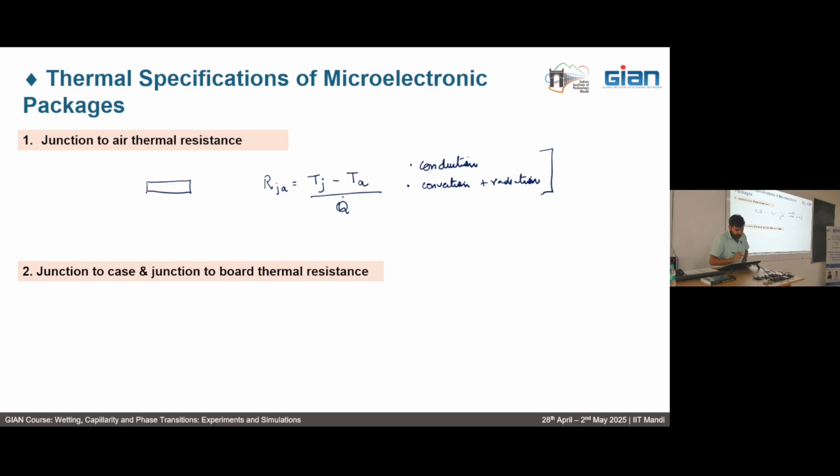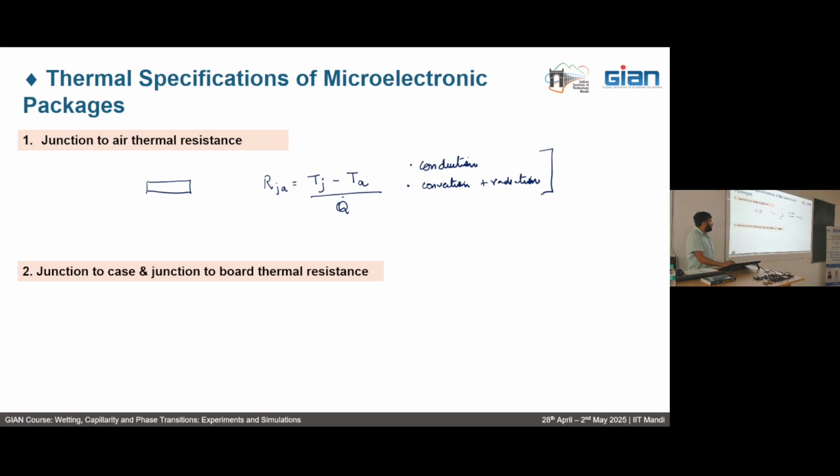So this parameter, the RJA, the thermal resistance from junction to air, is defined as Tj minus Ta. It is what is required of us as thermal engineers, so we have to design a system in such a way. There are other thermal resistances as well.